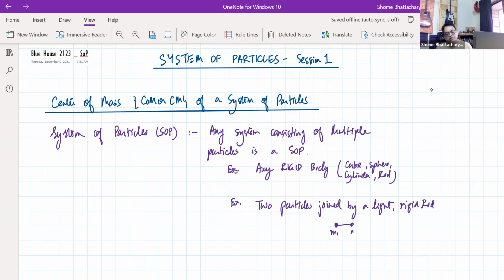These particles are M1 and M2. They are joined by a rod of length L, but the rod itself is massless. It's very light. So this is another example of a system of particles, in this case consisting of just two particles. So that's the general definition of a system of particles. We'll come to the definition of center of mass. First, let's understand systems of particles, different types of systems, their classification, etc.